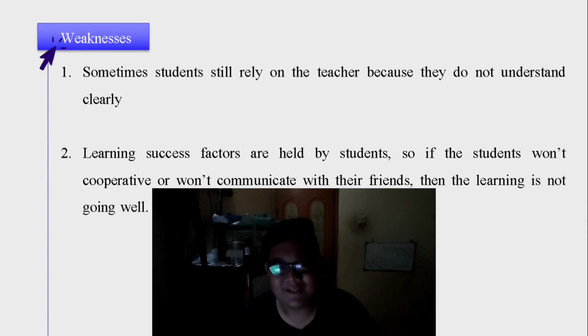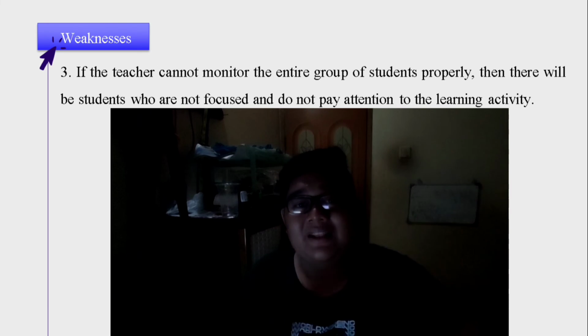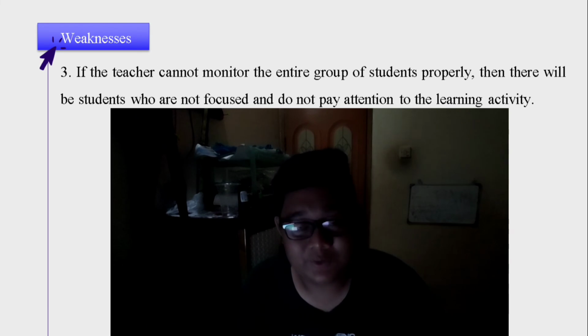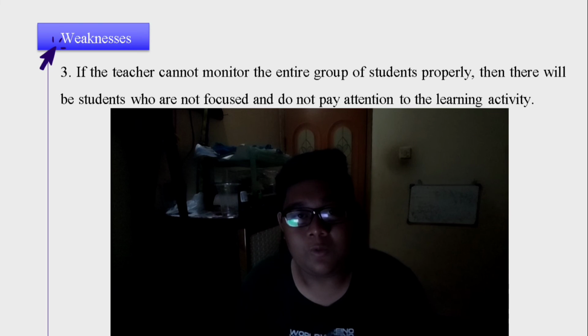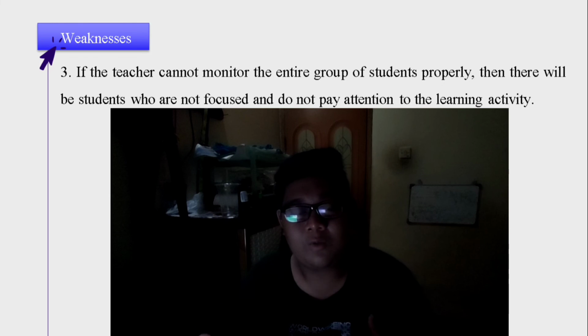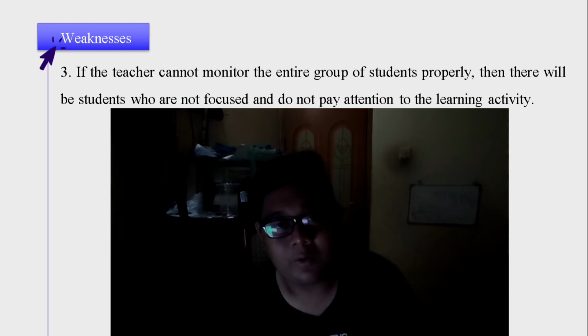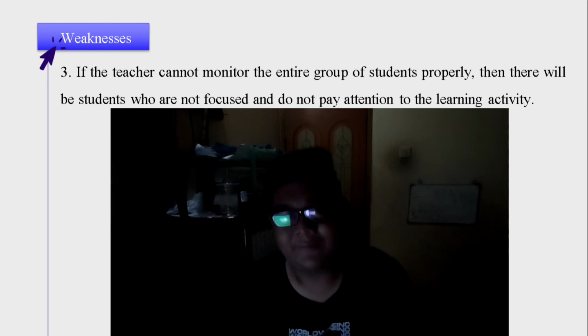The last one is if the teacher cannot monitor the entire group of students, then there will be students who are not focused or do not pay attention to the learning activity.